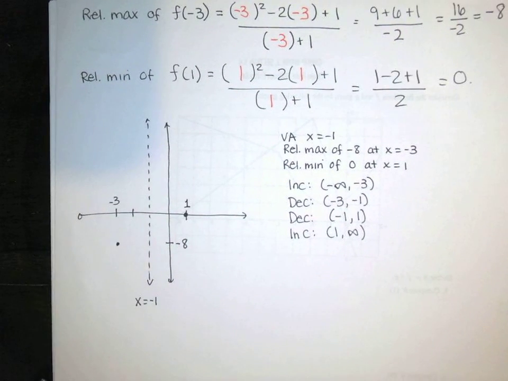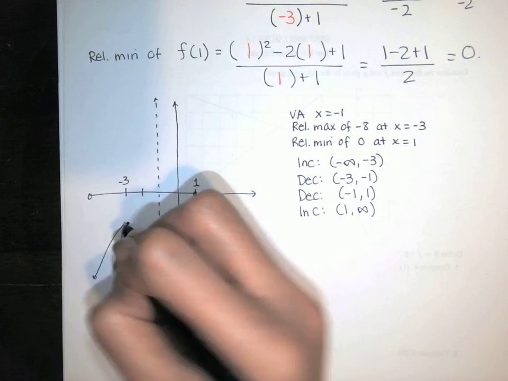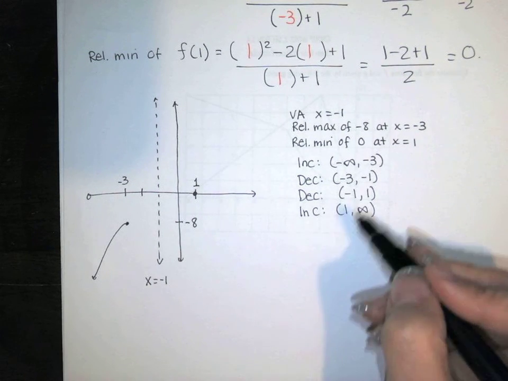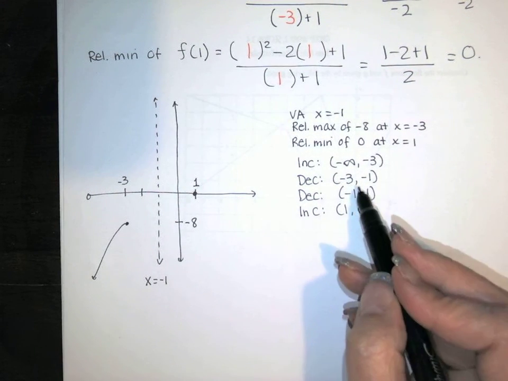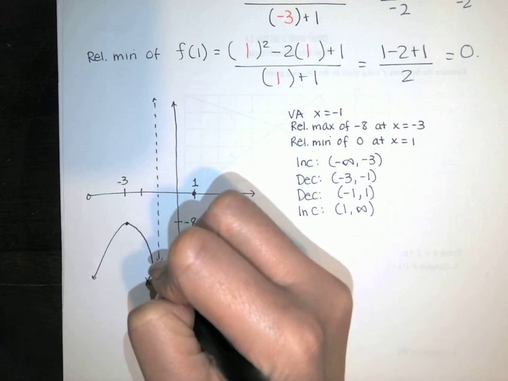So what does that mean? It's increasing until we get to -3, so it's going to look like this. And then it's decreasing from -3 to -1, and it's approaching an asymptote, so maybe it looks like that.